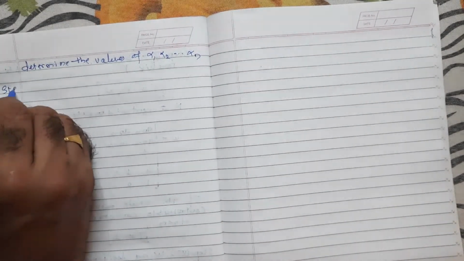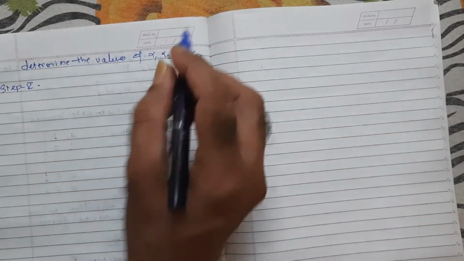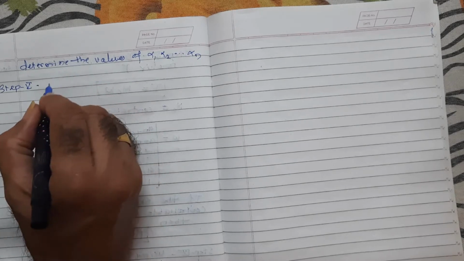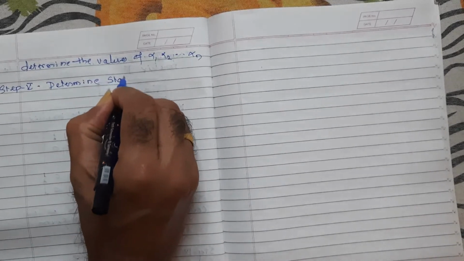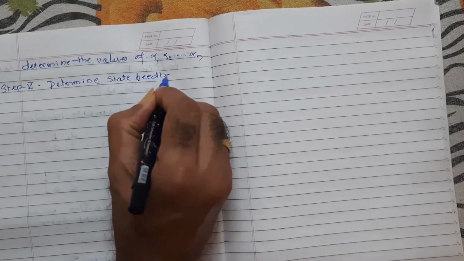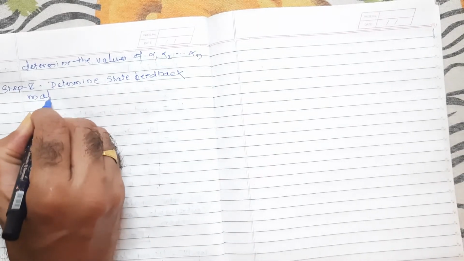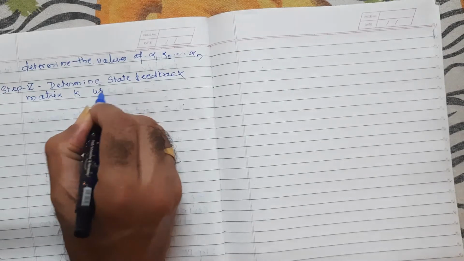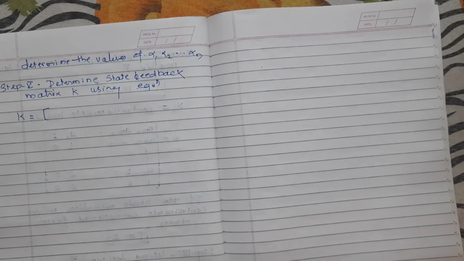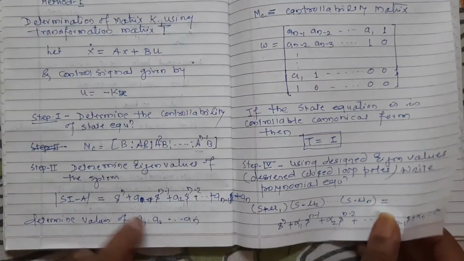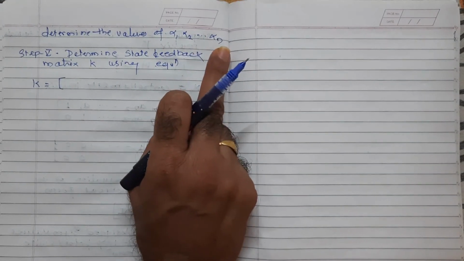Now step 5: determine the state feedback matrix K using the equation K equals, here the values are a1, a2 up to an, and here the values are alpha 1, alpha 2 up to alpha n.